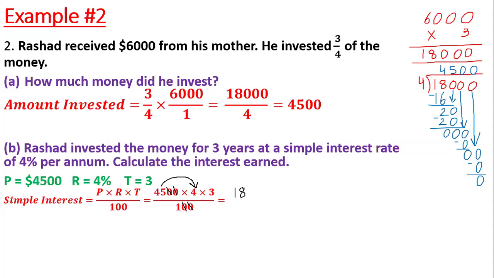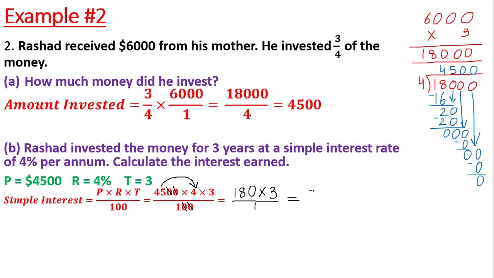Did you write the answer in the chat? Yes, put your answer inside the chat. Multiplied by what? 3. All over what? 1. Very good. It's going to be equal to 180 times 3, which is 540.